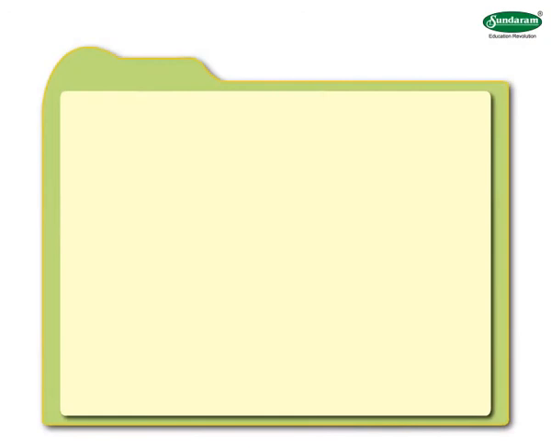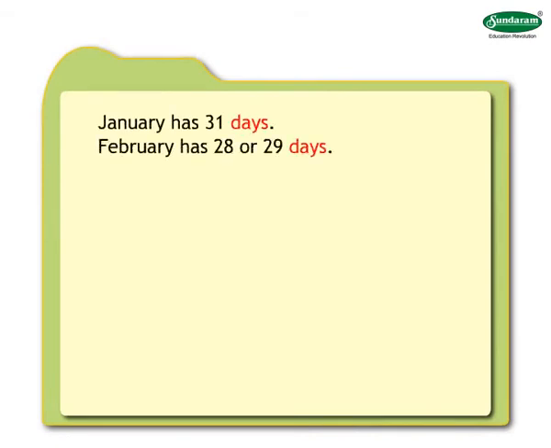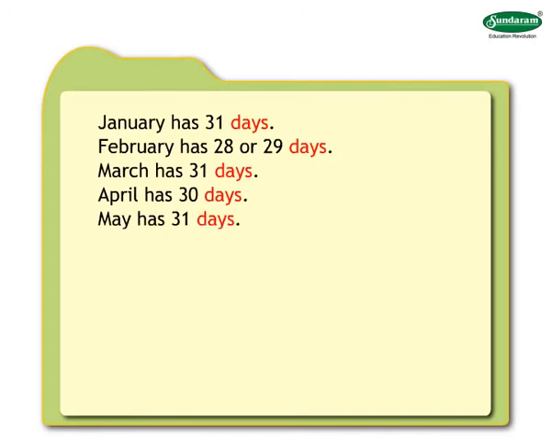The numbers below indicate how many days each month has. January has 31 days. February has 28 or 29 days. March has 31 days. April has 30 days. May has 31 days. June has 30 days.